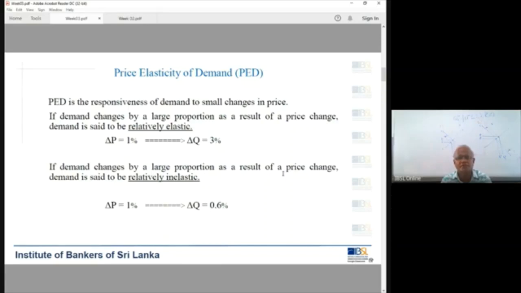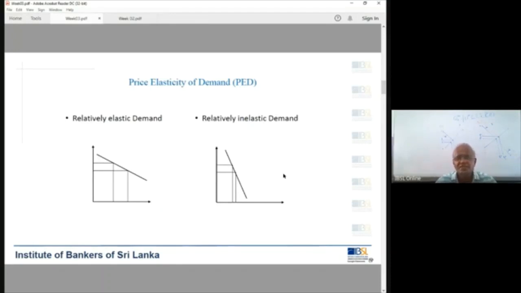If demand changes by a small proportion as a result of price change, say price increases by 1%, demand changes by 0.6%: relatively inelastic. If price decreases by 1%, quantity demanded increases by 0.6%, less than the price change: relatively inelastic. Now these are 2 good diagrams of the demand curve. The first one is relatively elastic.